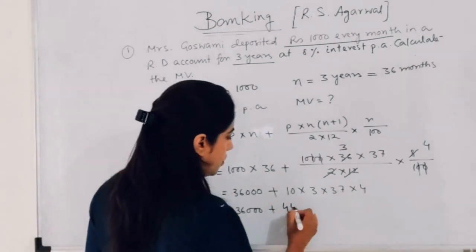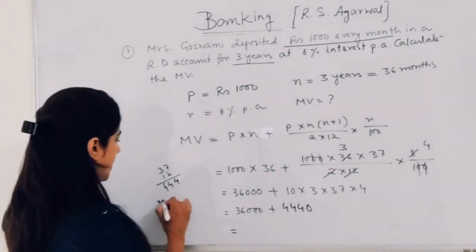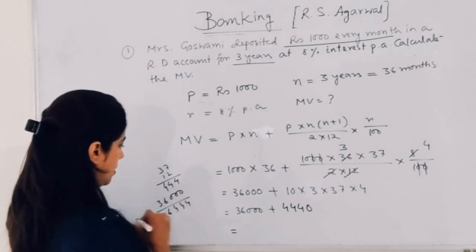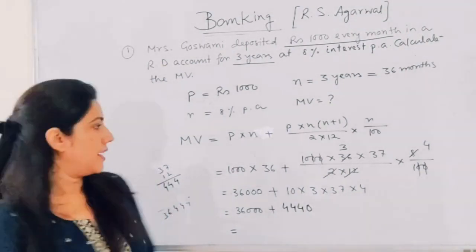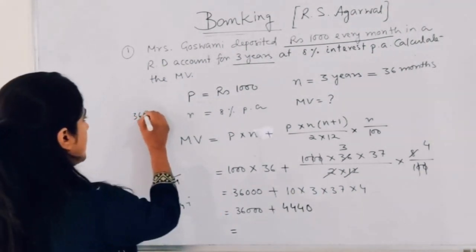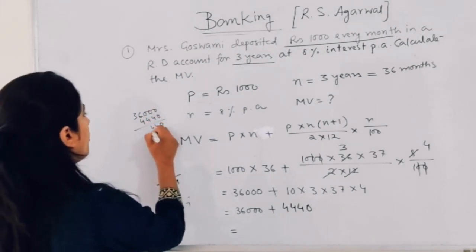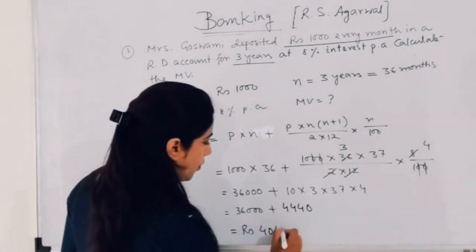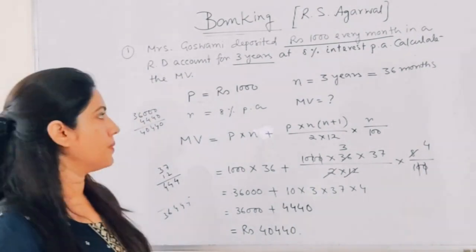So 444 into 10 is 4440. Now you add it up: 36,000 plus 4440, it is coming rupees 40,440.